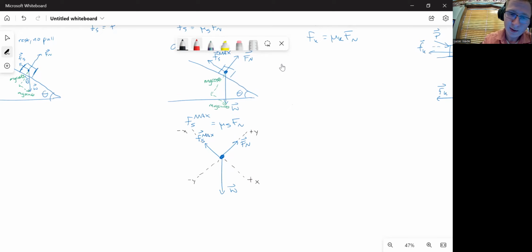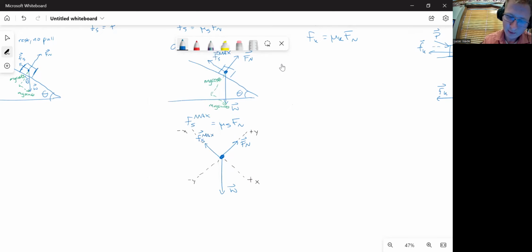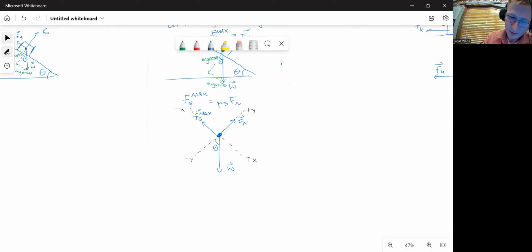And we're seeing that this angle is also theta, right? That's this angle right here. And that's where we break the weight vector into its two components along the two axes. So that's mg cosine theta.